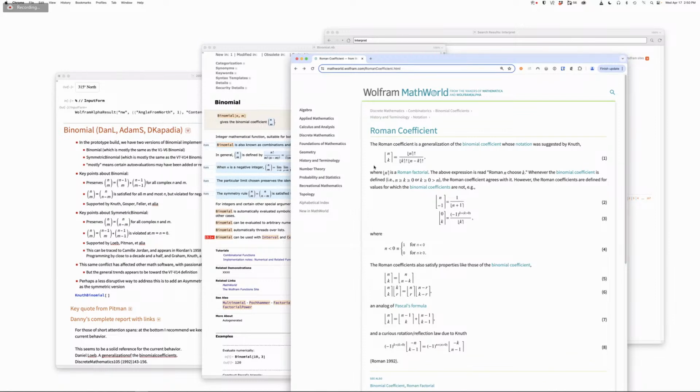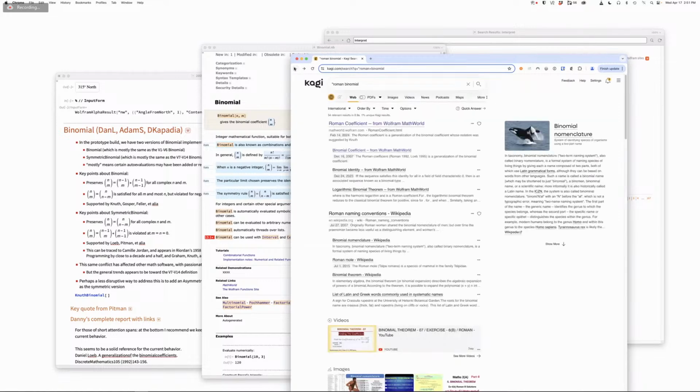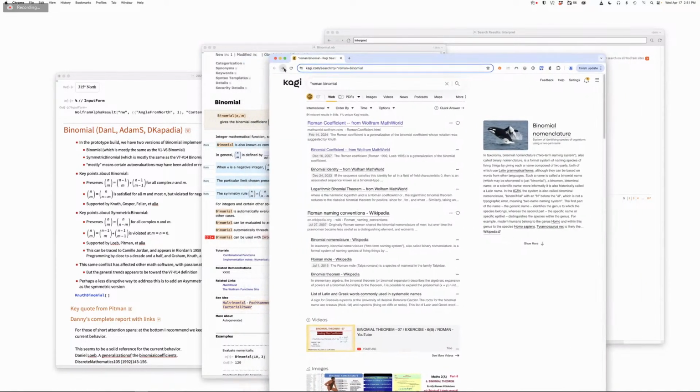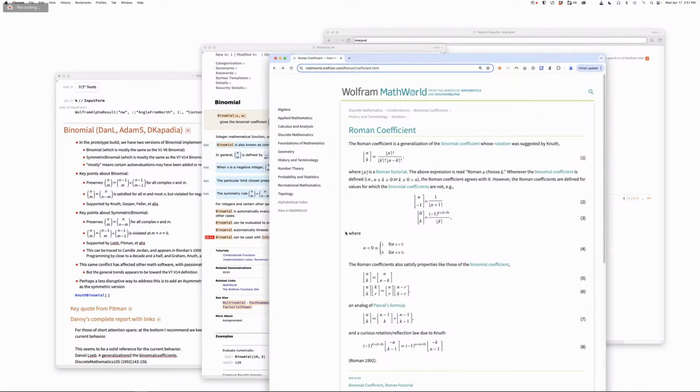What is this n+1 thingy? Roman factorial. It says the Roman coefficients agree with the binomial coefficient whenever it is defined.